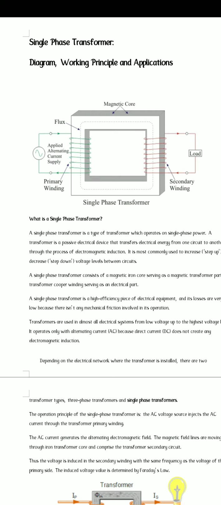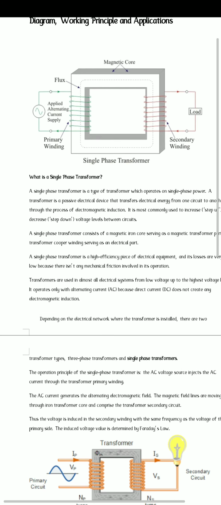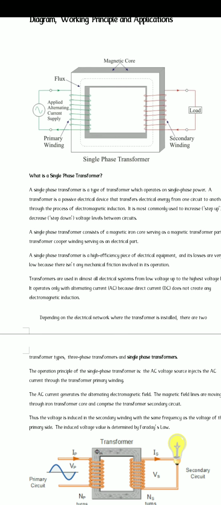In a DC supply, frequency is not available; only in an AC supply is the frequency available. From the output waveforms of AC and DC we can understand the concept, which we discussed in previous classes. Look at this diagram.